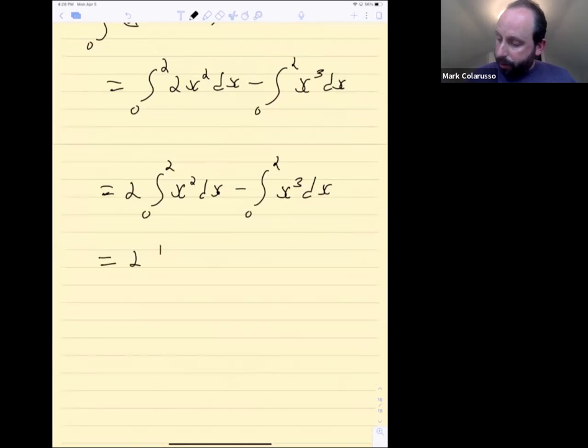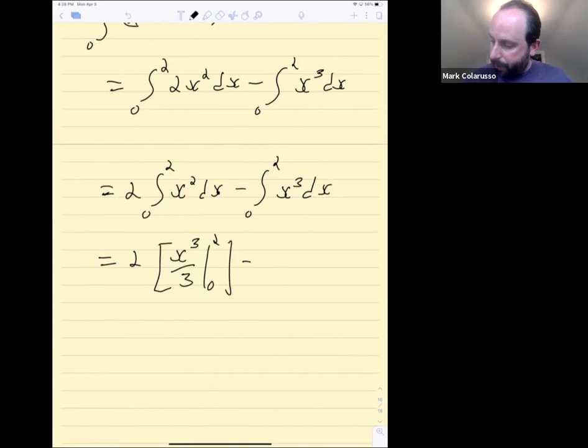And so you get 2 times the antiderivative of x squared, which is x cubed over 3, between 0 and 2, minus the antiderivative of x cubed. Actually, this was one of the first ones we computed. It's x to the fourth over 4 between 0 and 2.